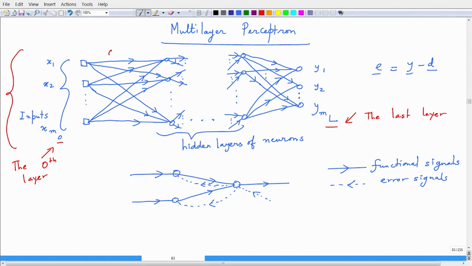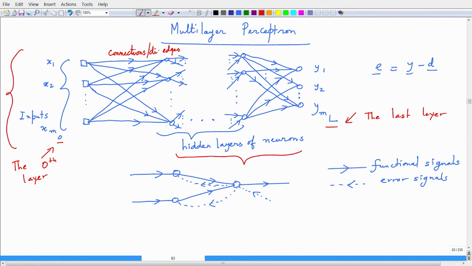So, these are connections in the form of directed graphs or directed edges, I would say, that connect the inputs to the neurons within the next layer, and we can have such layers and we call them hidden layers, right.